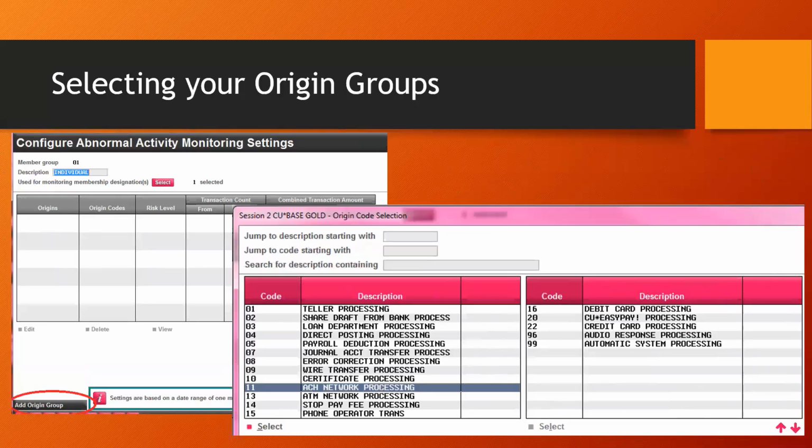These are the origins that AuditLink recommends you always have: ACH, ATM, wire transfer, credit card, and audio response or home banking.